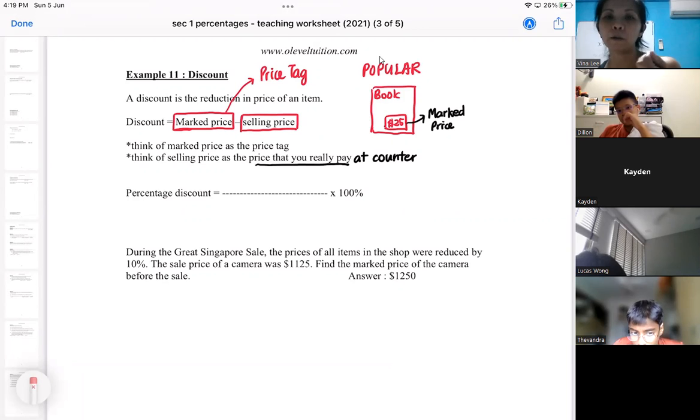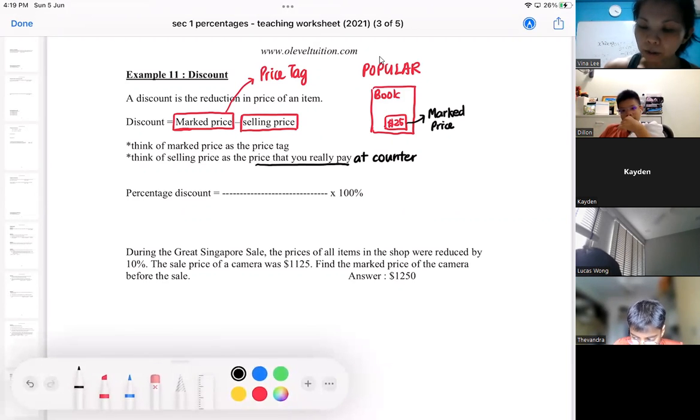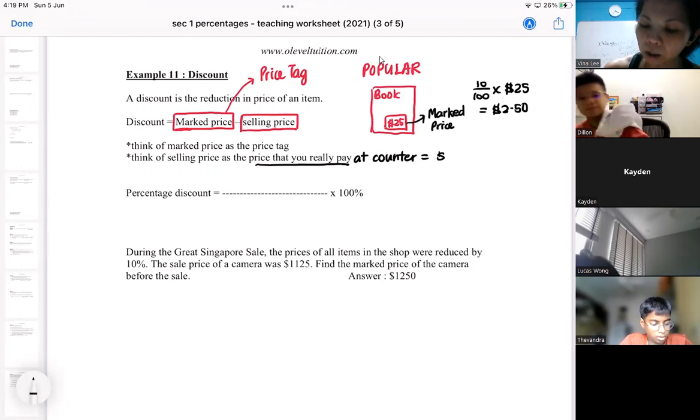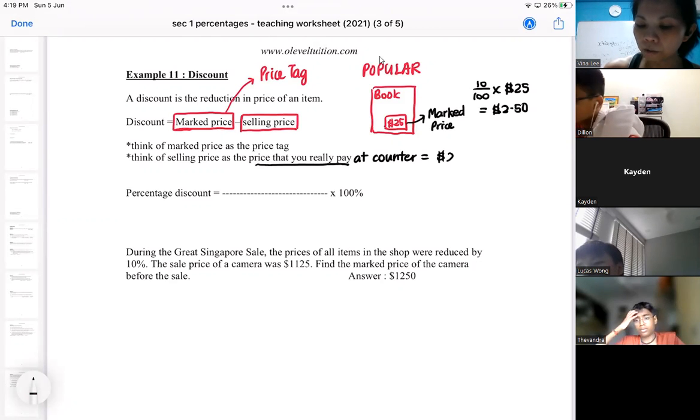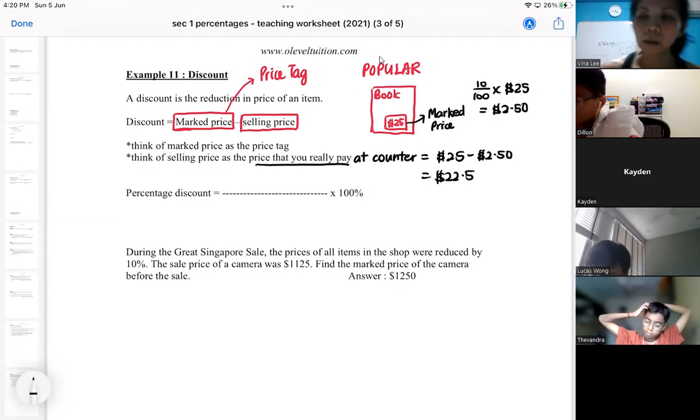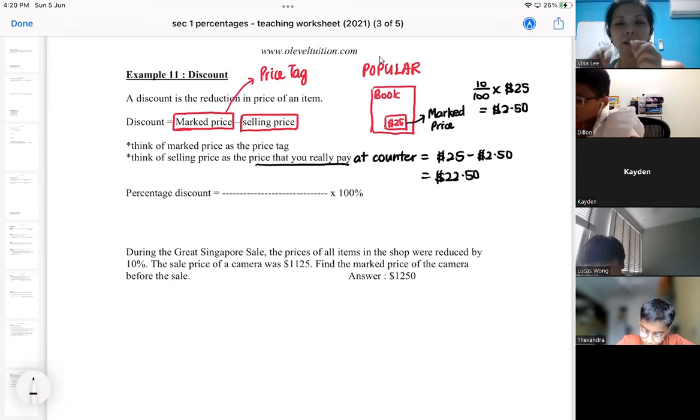The Popular card gives you a 10% discount. So at the counter, you actually pay lower. So you actually pay 25 minus 2.50. When we say selling price, it is the real price that you paid out of your pocket.